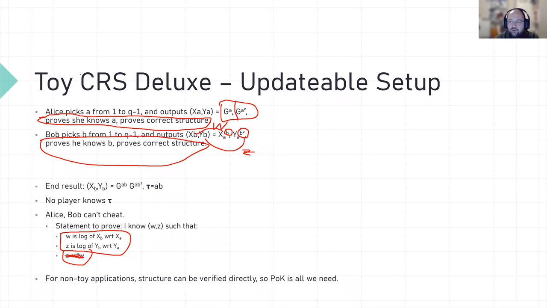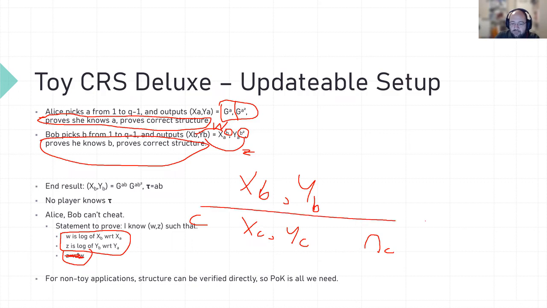The reason why it's called an updatable setup is that if we are at the point where Bob has just finished his work and he has created his reference string XBYB, then without any assistance from Bob or Alice, Carol can come in and create her own update to this reference string and her own proof about that, all on her own.